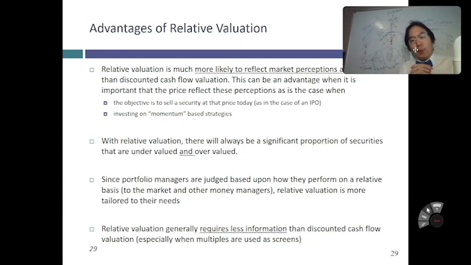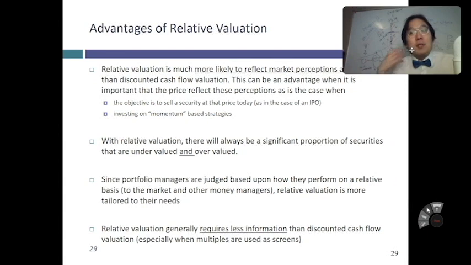Now, relative valuation generally requires less information than discounted cash flow valuation. It takes a shorter amount of time to explain, okay? Instead of saying, you know what, this iPhone company, I use a three-stage growth model of like 20 years down the road using these cash flows and assuming this and that, and the discount rate to be somewhat, blah, blah, blah.